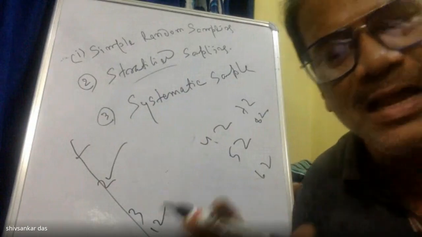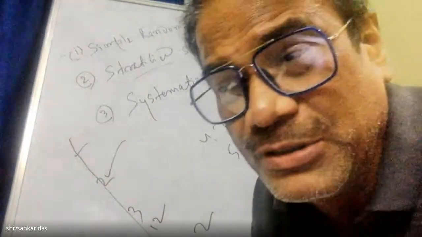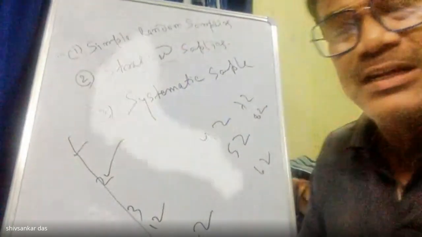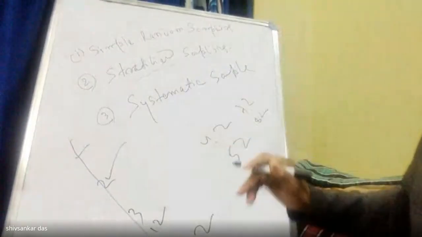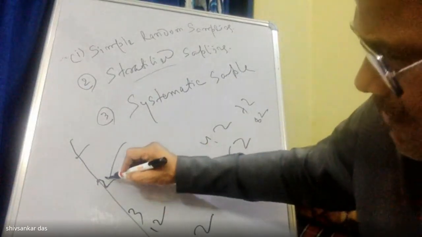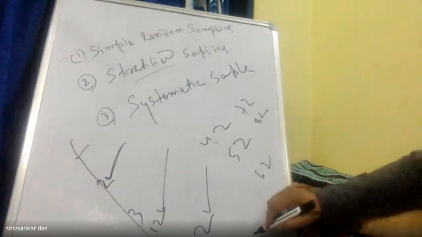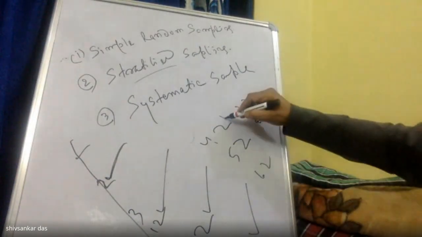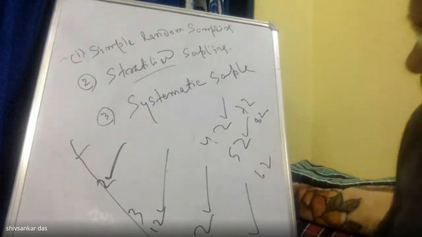That would be purposive sampling. So we should avoid bias, which is why it is called systematic. If I select 2, I should select 12, 22, 32, 42. So this is systematic sampling.